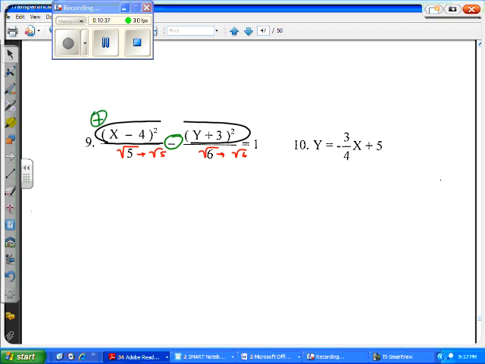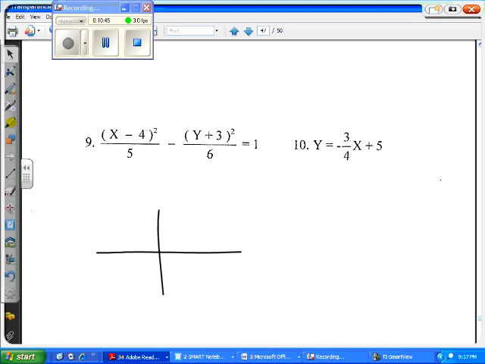It's positive on the x, and so it's going to open on the x, something like this. And it will have a center, and it'll have some vertices, and it'll have some asymptotes. And it's not going to be right where I drew it, but you can look back to the lesson, lesson 10.3, page 267, and study about that. Okay?